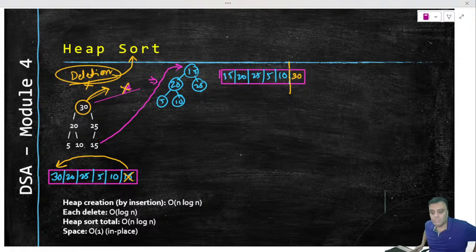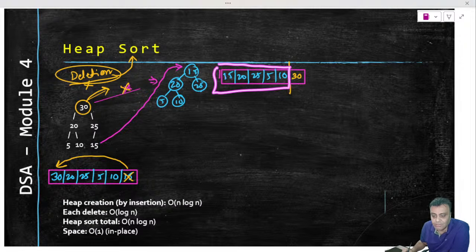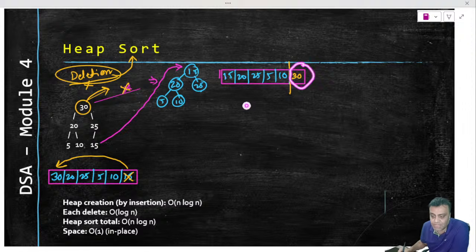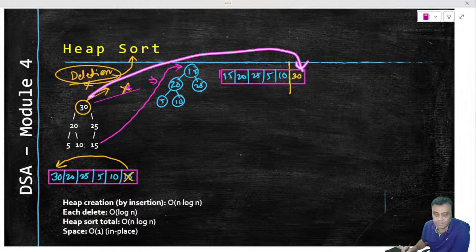I will temporarily store it, because that space is anyway available for me, right? But the array, don't worry, the array is having the size of this now. The array has become small. And in this wasted space of the array, I am putting this killed element here. So that's what I'm doing.